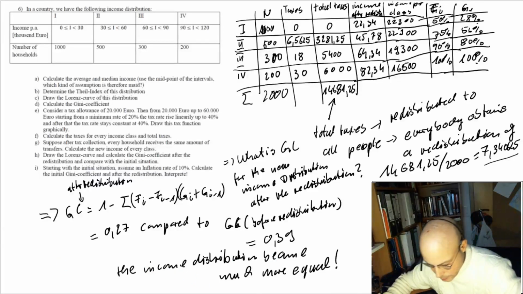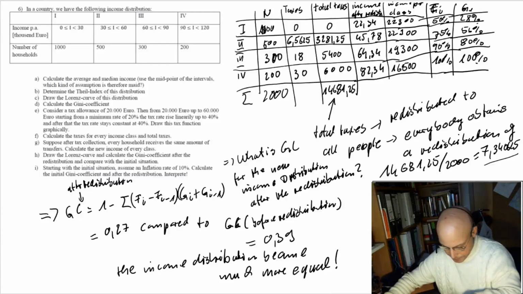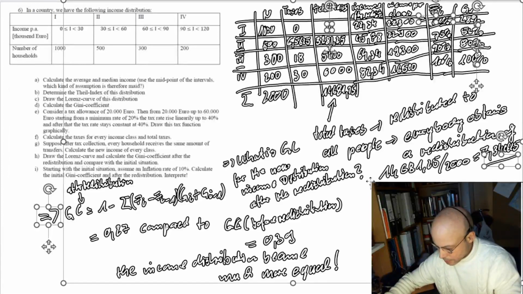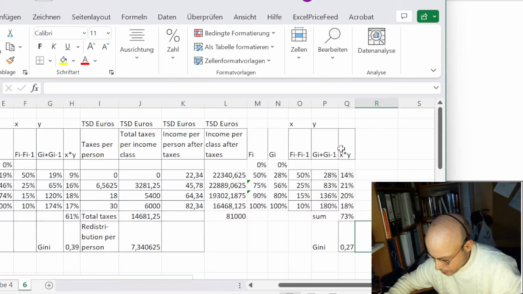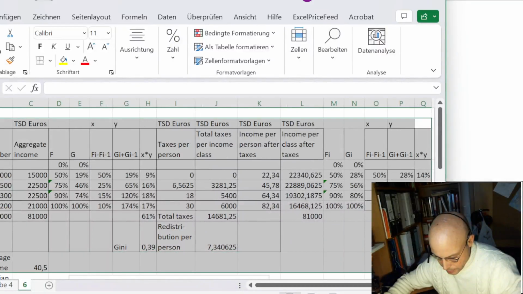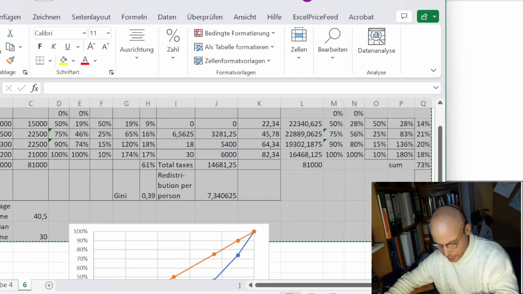And let's also put this in a diagram. So I copy just the whole table, together with median.